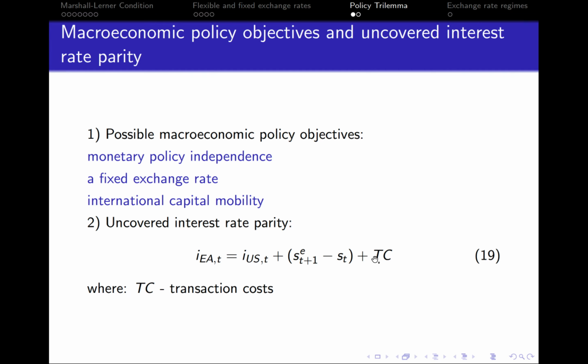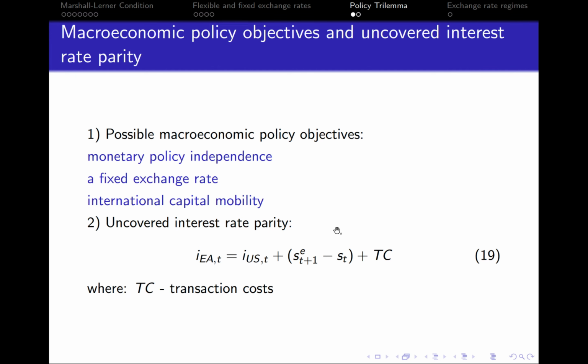But look, if we don't impose these restrictions on capital mobility, then something needs to happen. If US and euro area are pursuing different monetary policies, then there are no transaction costs, there are no impediments to capital flows, we should expect that this change will be reflected in the change in the exchange rate.